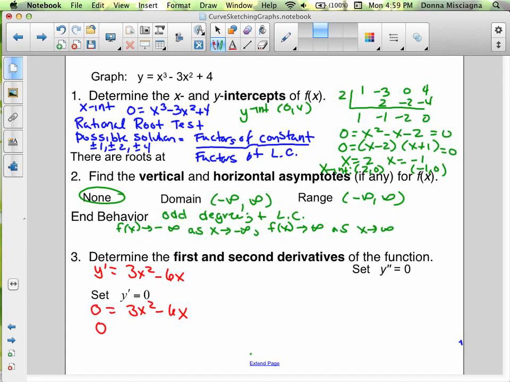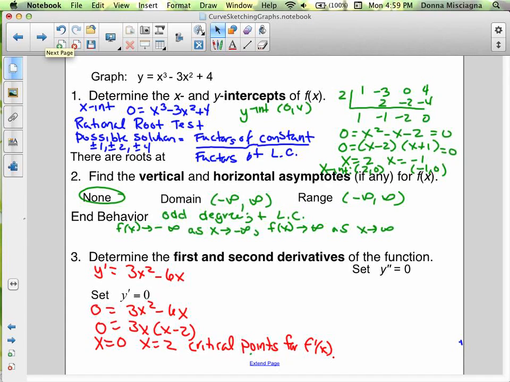We can factor out a 3x. We'll have an x minus 2. So x equals 0 and x equals 2 are the critical points for the first derivative. All right, that's fine. And there's no place where the first derivative is undefined.